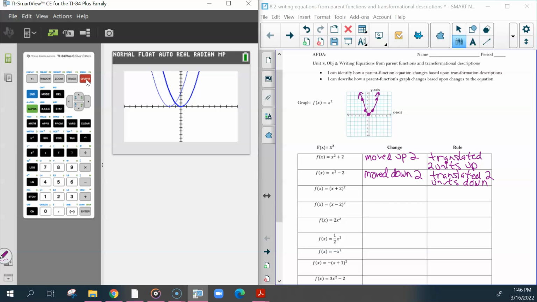If you think back to our vertex and finding that, usually we took that inside number and made it the opposite of what it actually did. That same thing applies here. Even though it said plus 2, it really did the opposite. So instead of moving to the right 2, it moved to the left 2.